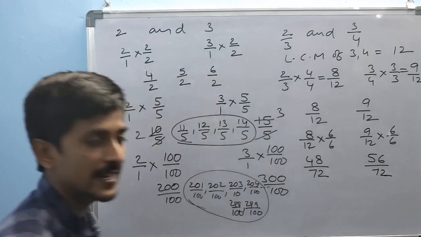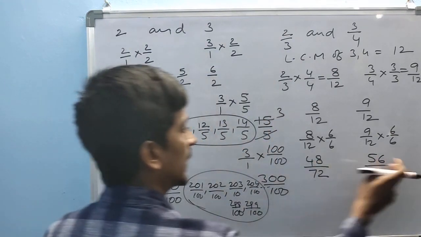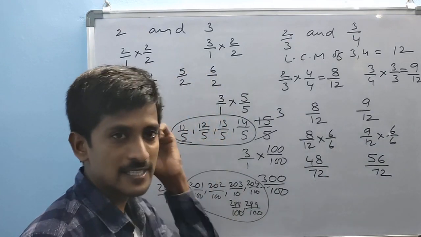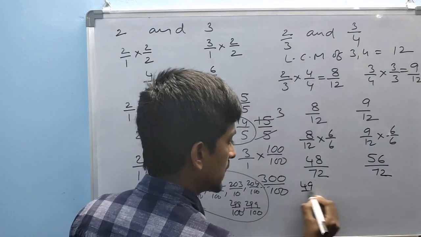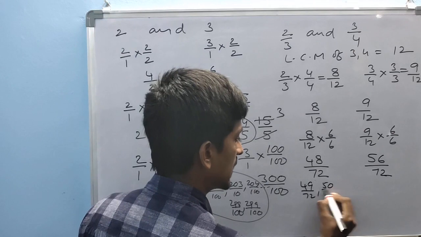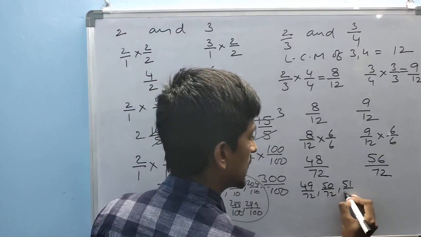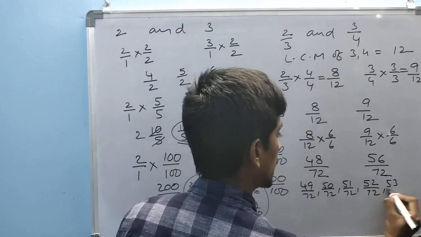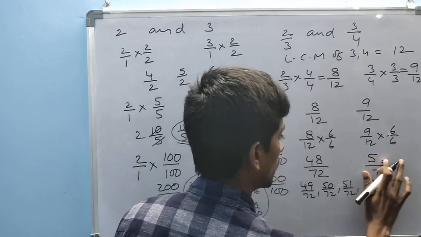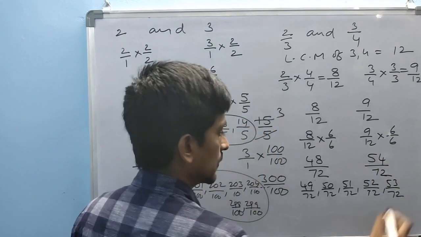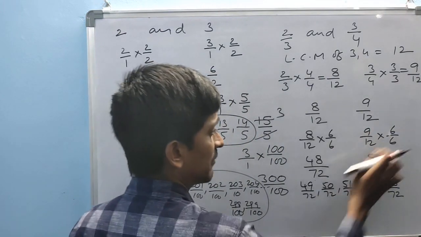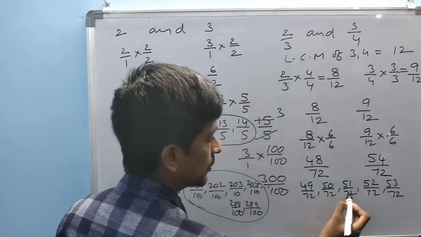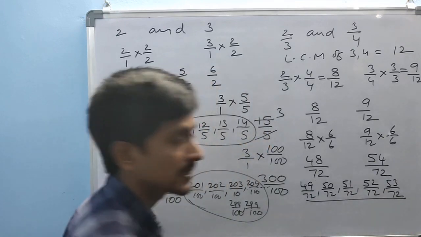So the denominators are the same. Numerators 48 and 54, and in between 49 by 72, 50 by 72, 51 by 72, 52 by 72, 53 by 72. So 1, 2, 3, 4, 5 rational numbers.